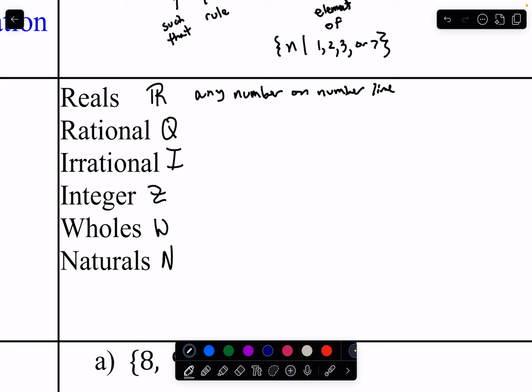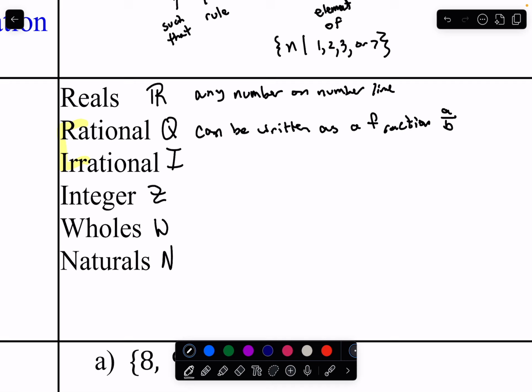Okay. Now, you kind of want to think about these two things simultaneously, rational and irrational. Either a number is rational or it's irrational. It's one or the other. Rational numbers can be written as a fraction. Sometimes you'll just say it can be written as a over b.